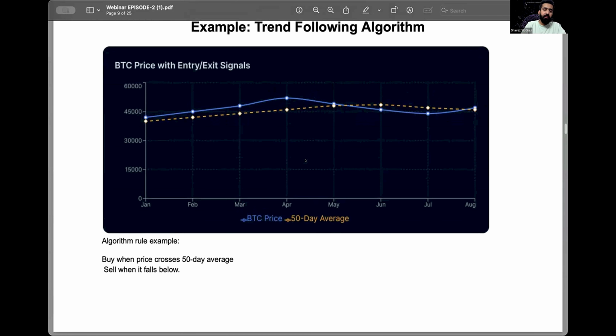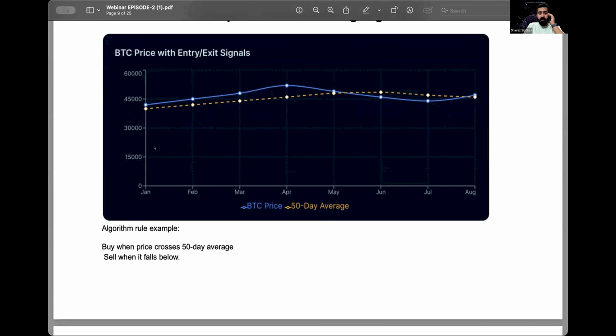If we look at the entry and exit signals of Bitcoin with a 50-day average from January to August last year, we can easily see the Bitcoin price and the 50-day average. People buy when price crosses the 50-day average, and sell when it falls below.